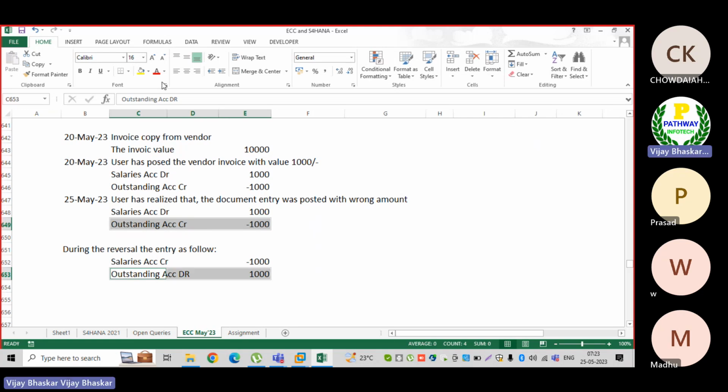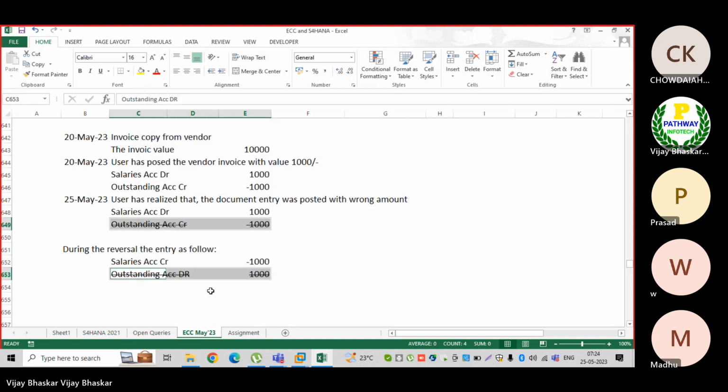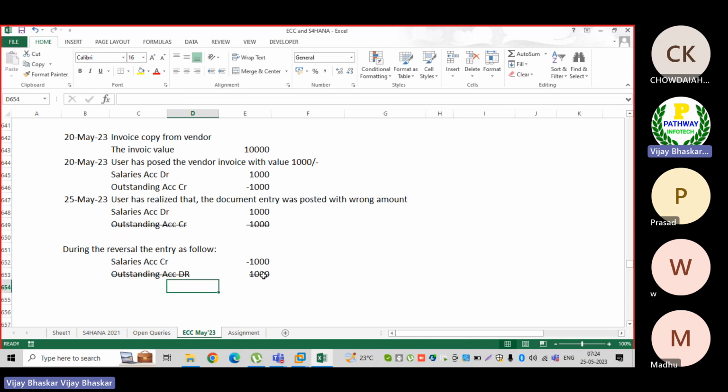Both will get nullified. Here is a debit, here is the credit, so minus into plus, the sum value will be 0. The similar logic is applicable here also.